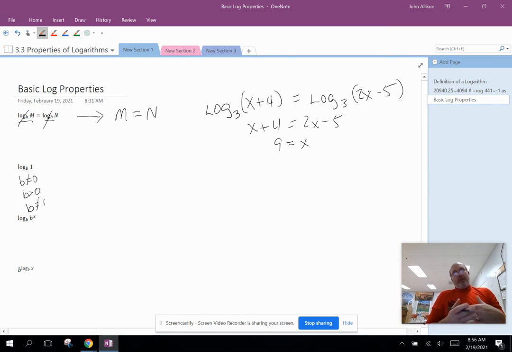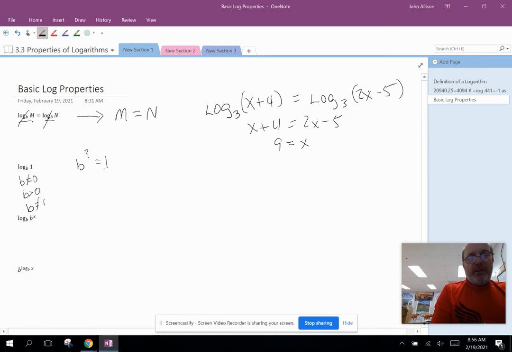If we had log base 1, we would be saying 1 to what power equals what's inside. Well, if you raise 1 to any power, you get 1, so you can't really use 1 as a base of the logarithm. Any positive number not equal to 1 is a candidate for b.